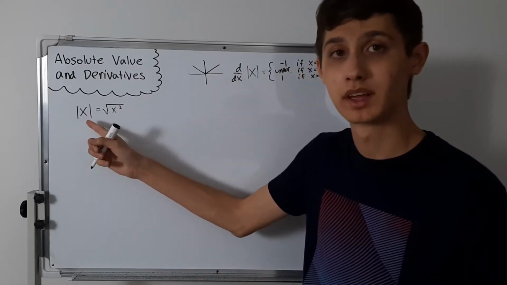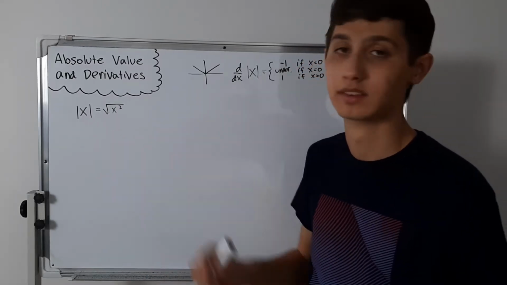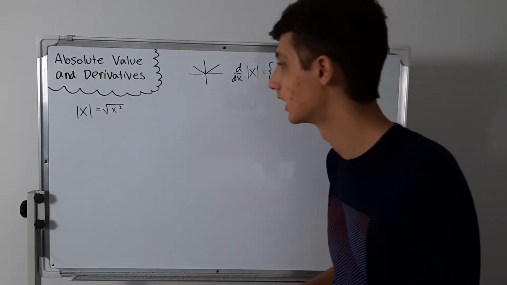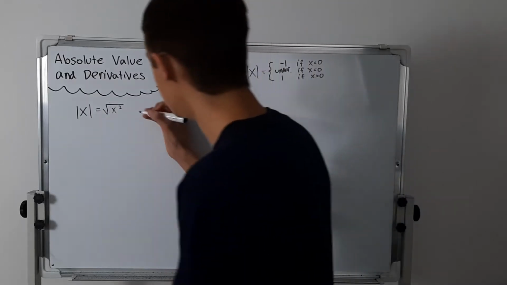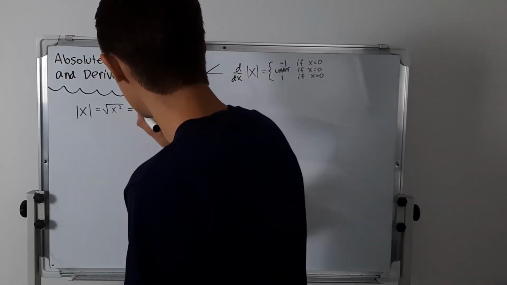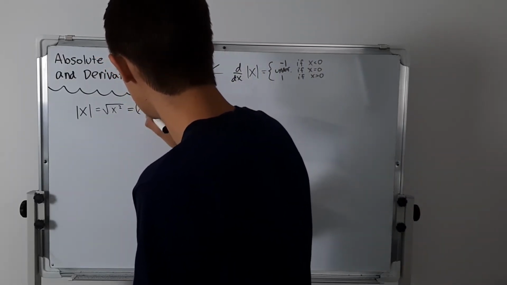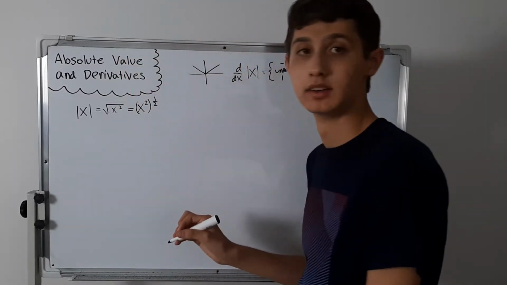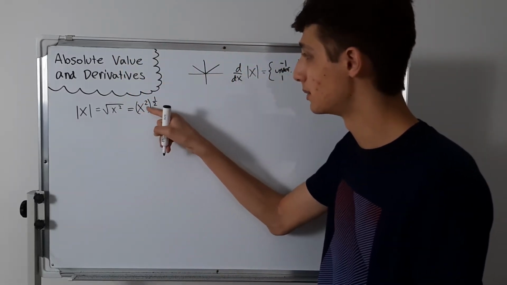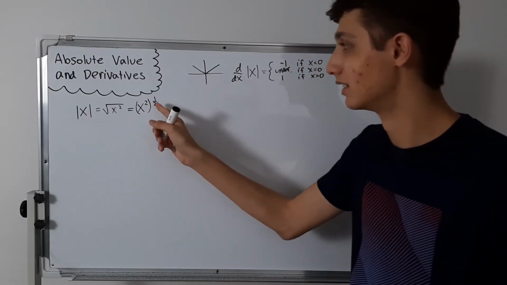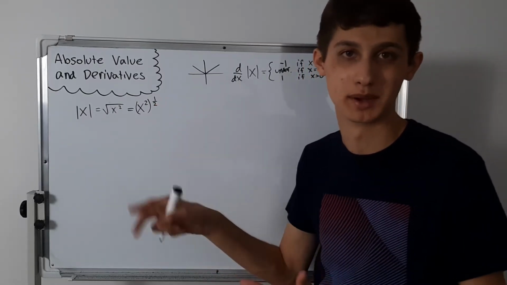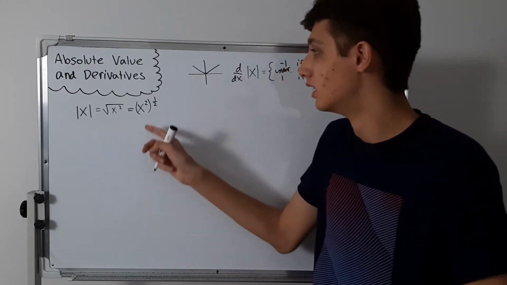So you'll always get a positive output. Okay, so we can turn this into x squared to the 1/2, right? That's what the square root means. You might be tempted to just cancel these out, but don't, because then you're making the mistake of going back and saying it's equal to x.